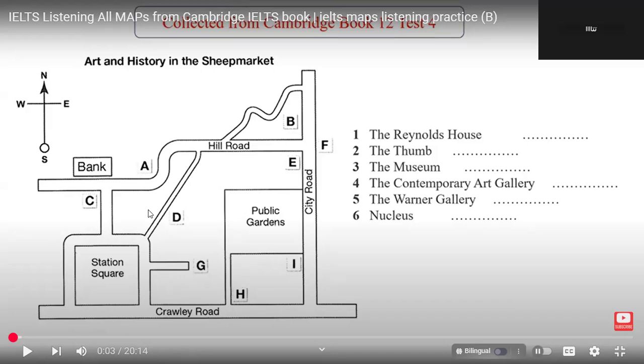It's a map. You have questions 1 to 6. You need to read the questions and then listen and answer while you are listening. Okay? And where should I write the answers? On a piece of paper, of course. Okay, just a minute. Okay.